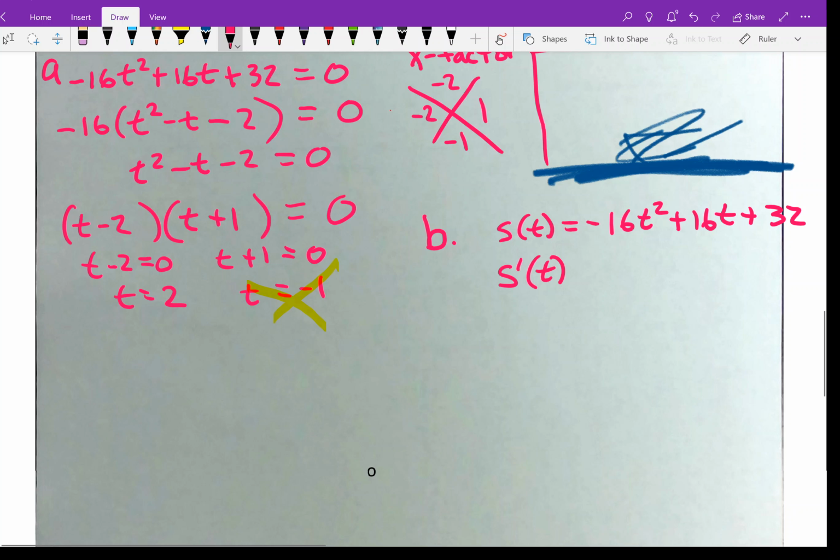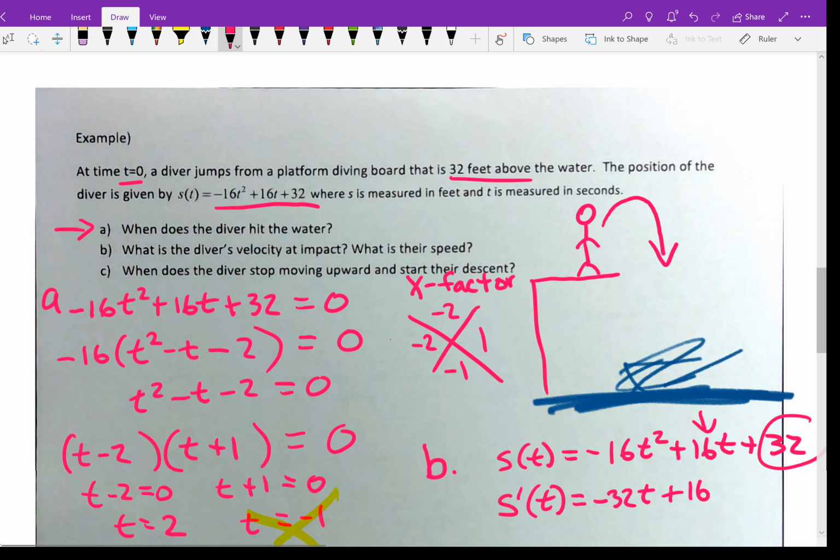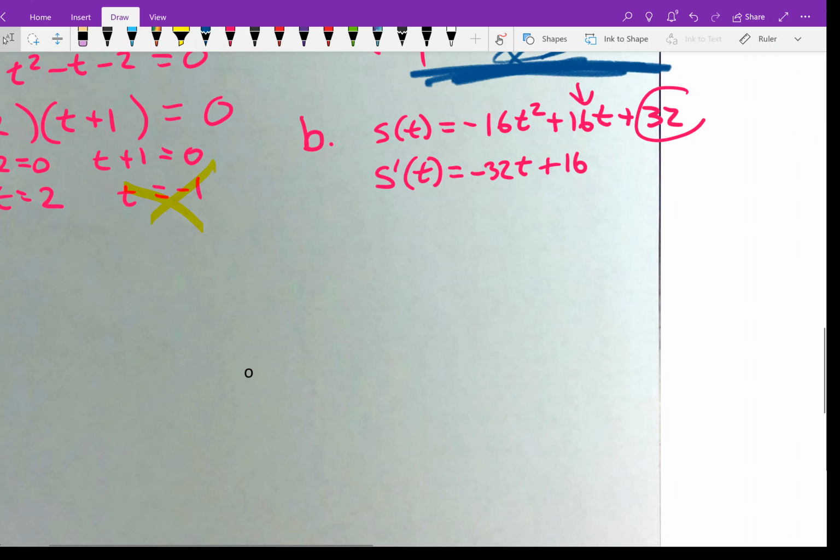The derivative of this thing is going to be equal to, this part is going to end up being 2 times the negative 16, so negative 32. I subtract 1 from the exponent, and that gives me t. For the second part, the other term, the derivative of that thing is just 16. The t becomes 1 minus 1, which is 0, so the t goes away, and the derivative of a constant is going to be equal to 0.